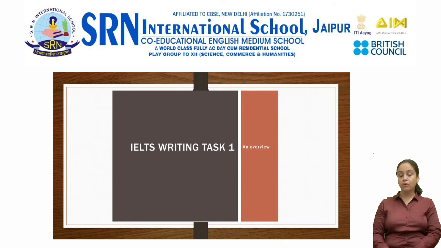Now task 2, in both academic and general training, requires test takers to formulate and develop a position in relation to a given prompt in the form of a question or a statement. Ideas should be supported by evidence and examples and may be drawn from the test taker's own experience.